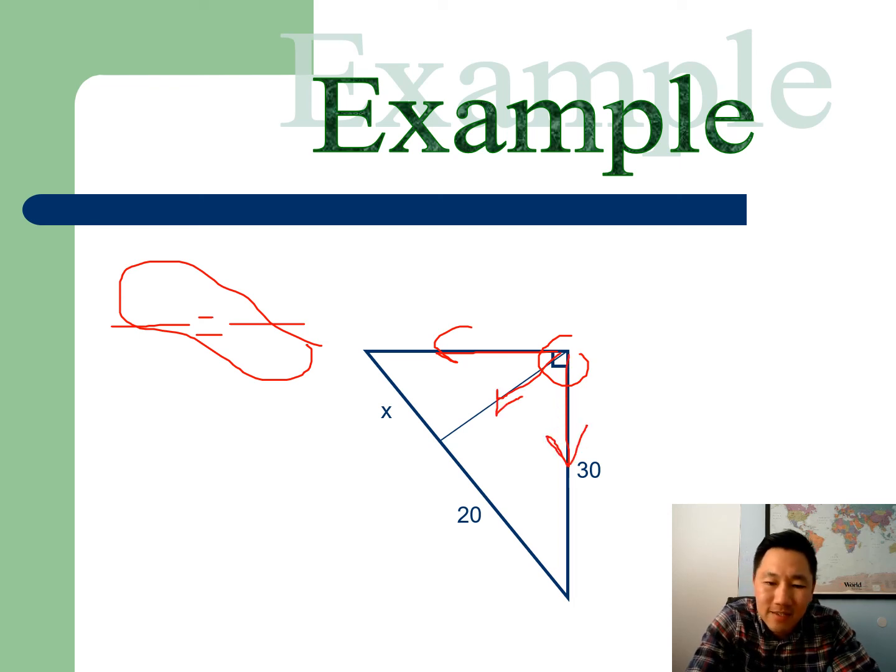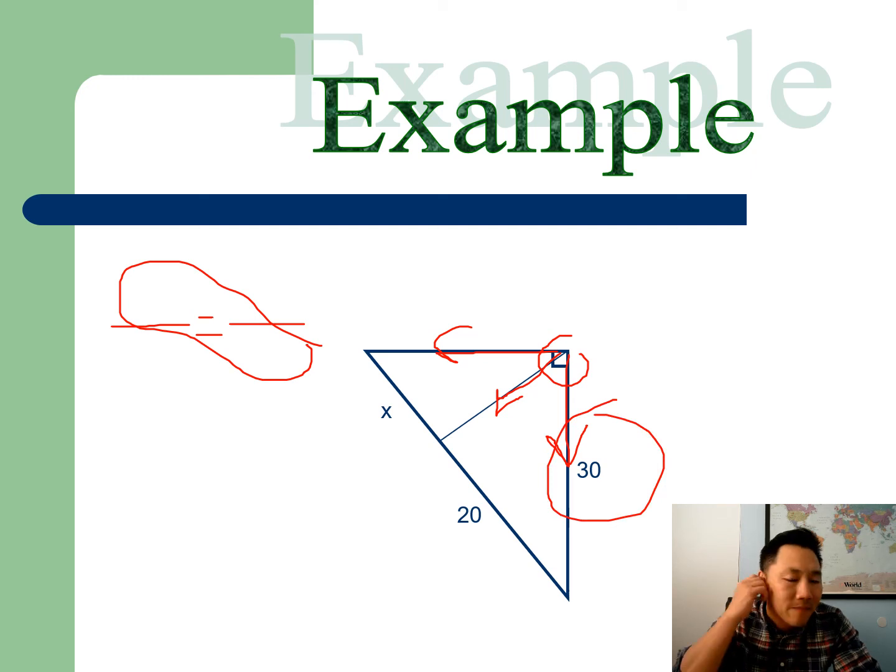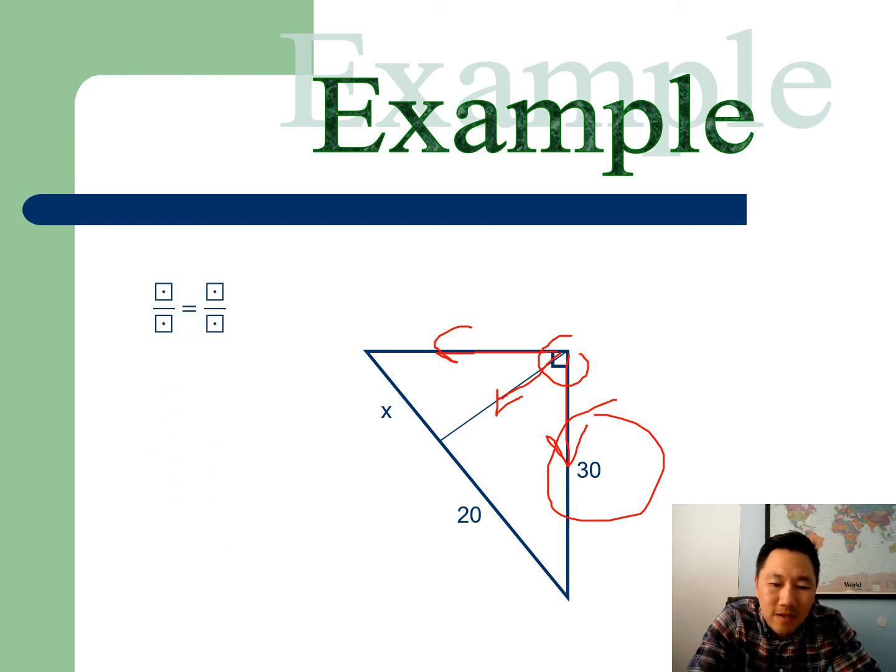In this case, it's this one, the 30. I think I drew out the picture, so let's see if it happens. There it is. So the number that goes in these two spots is going to be the 30.